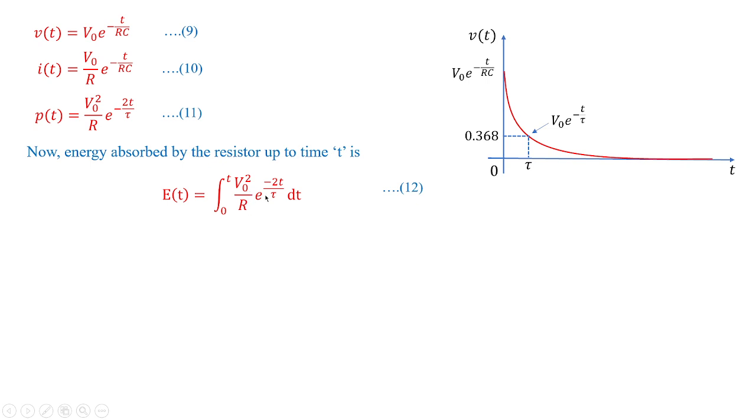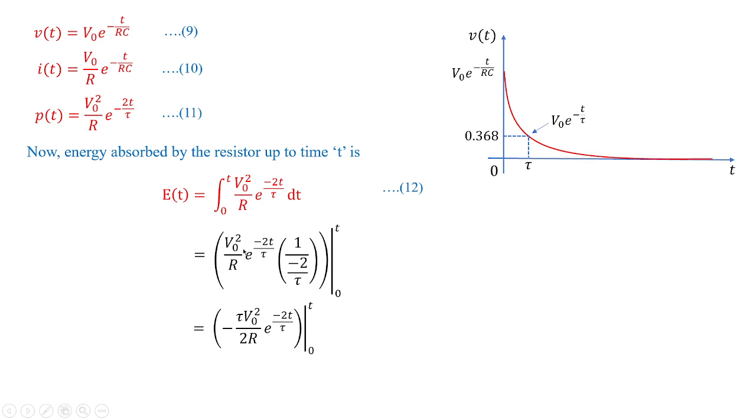So take the constants outside, and the integration you apply to e to the power of minus 2t by tau. The integration will give you the value e to the power of minus 2t by tau, again, the integral part, so that is 1 by minus 2 by tau, with lower limit 0 and upper limit t.